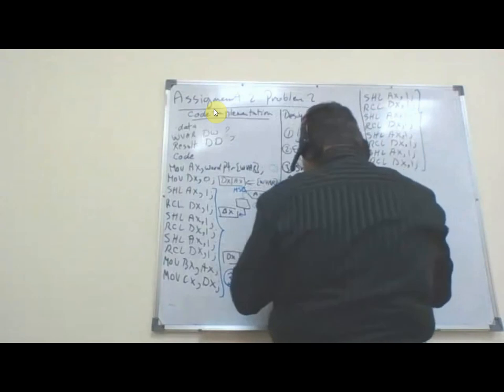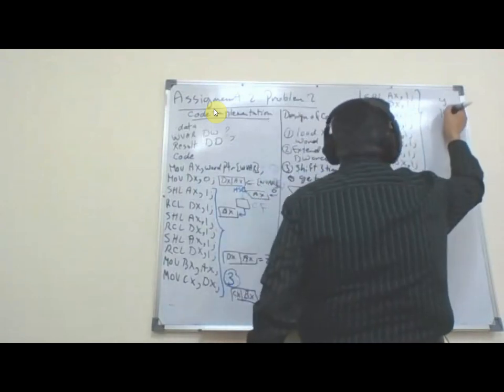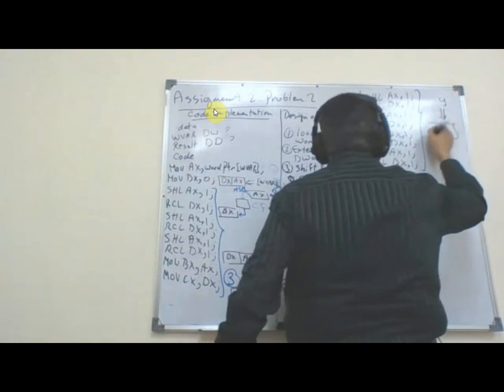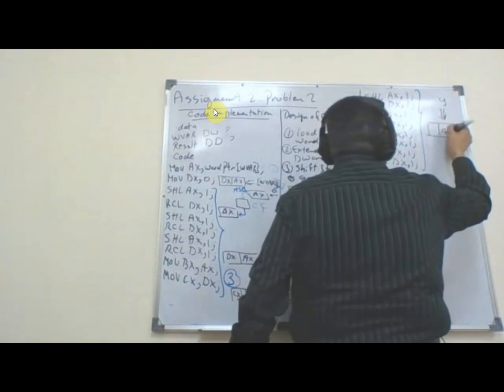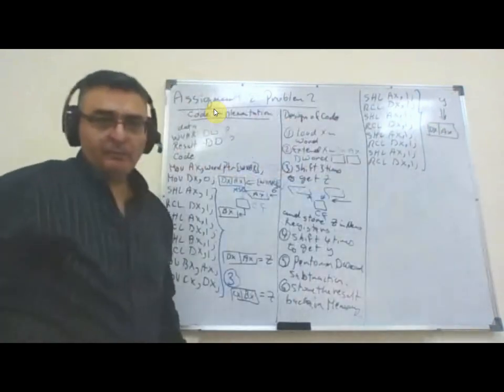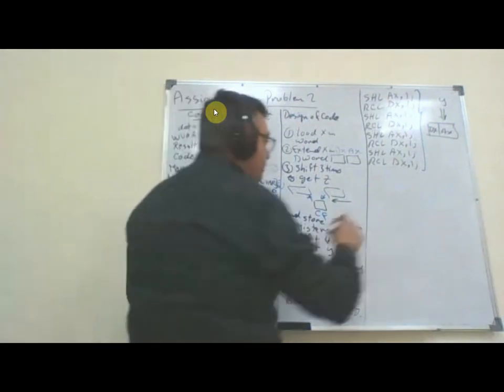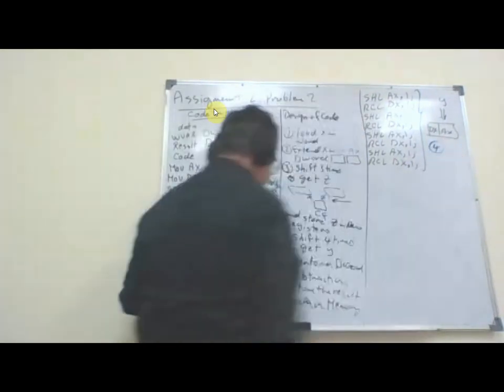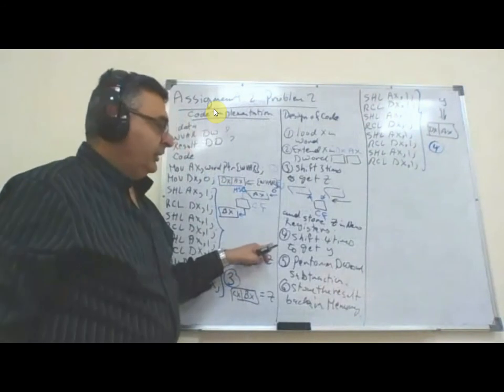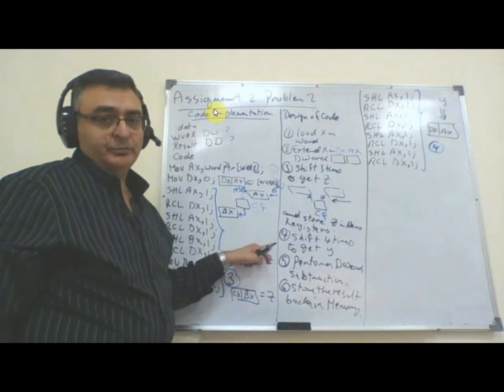Y right now is stored where? Y is stored in AX DX. Agree? Makes sense? So I'm finishing step number 4. Now I want to do a double word subtraction.